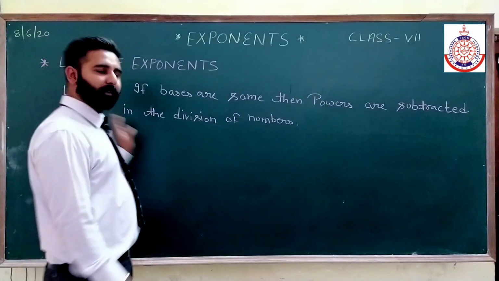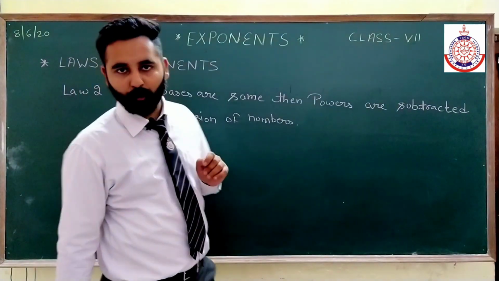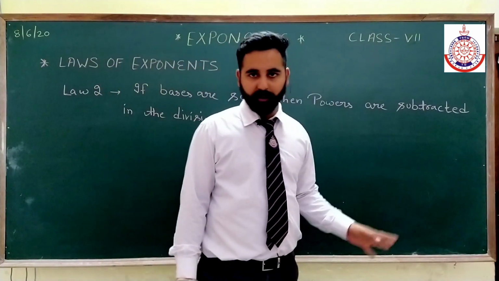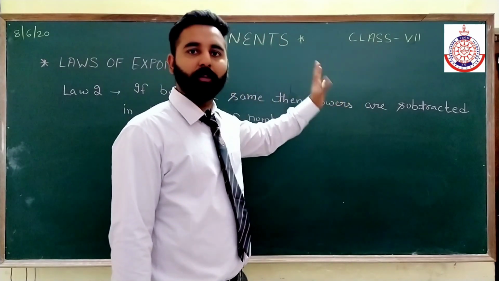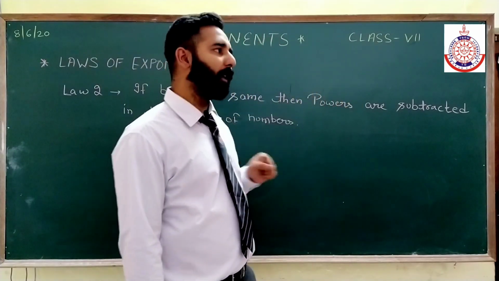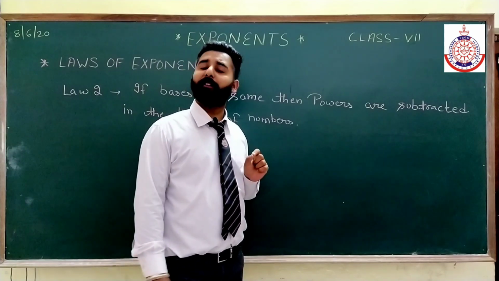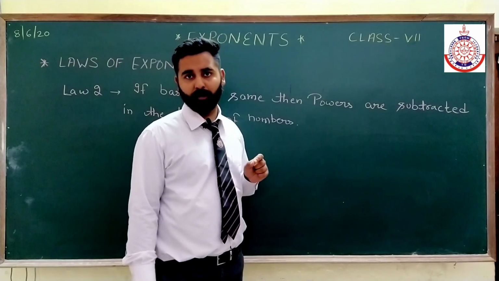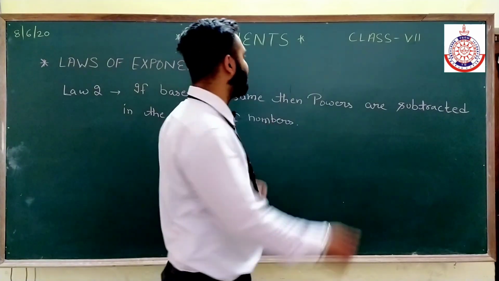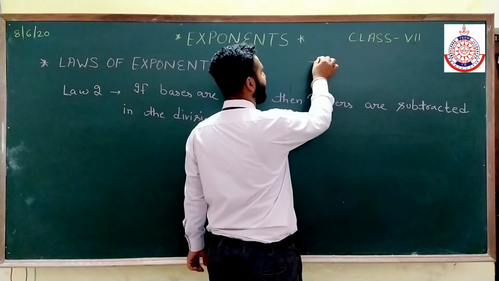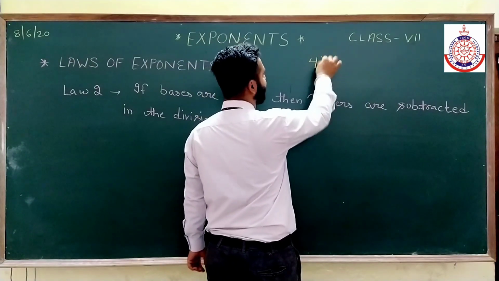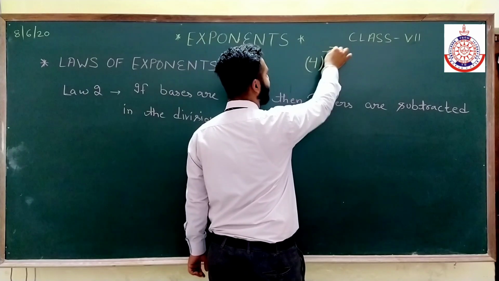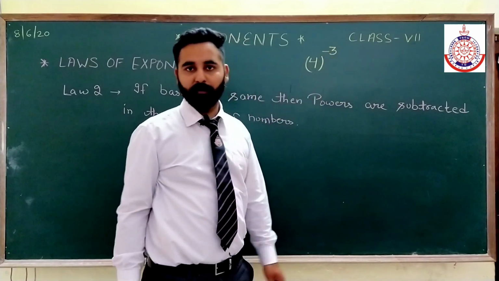Before discussing the second law of exponents, I want to tell you one thing. We have already learned about positive powers, exponential form, but if any number has a negative power, then how to solve it? For example, I have 4 raised to power minus 3. Power is negative.